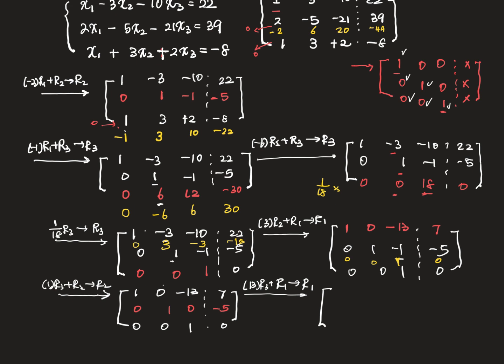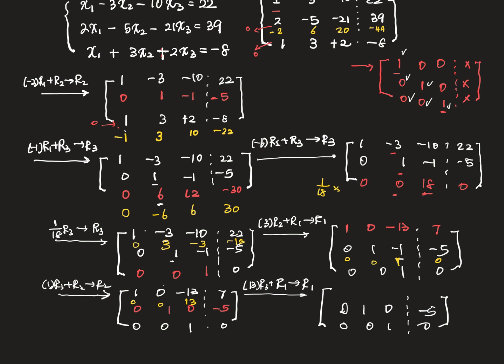All right. So 0, 0, 1, 0, 0, 1, 0, negative 5. R1 changes, guys. So here 0, 0, 13. 7 times 13 is going to be here.